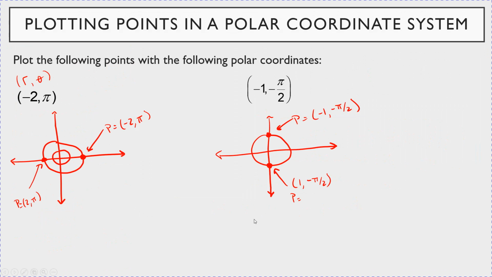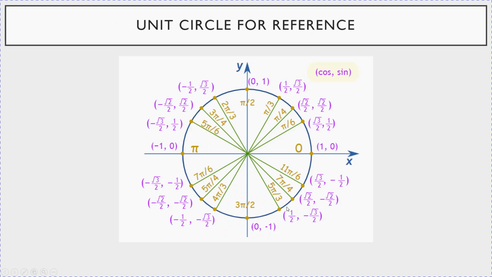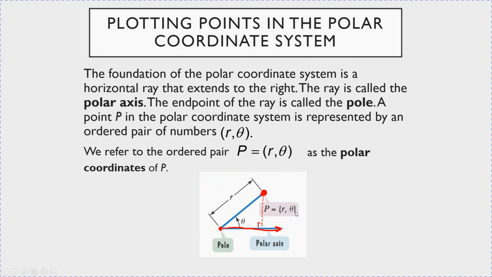Well, you can use this trick. I'm going to show you two ways. You can look at the unit circle here. All right, and you can see it's got to be right here, right? Because it's y over x. So if y is negative square root of 3 over 2 and x is 1/2, watch what happens.